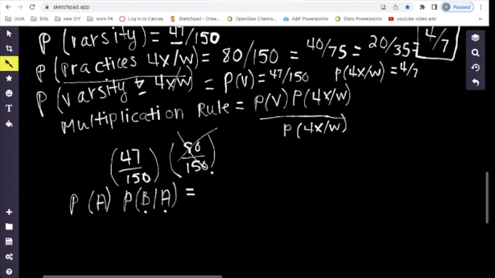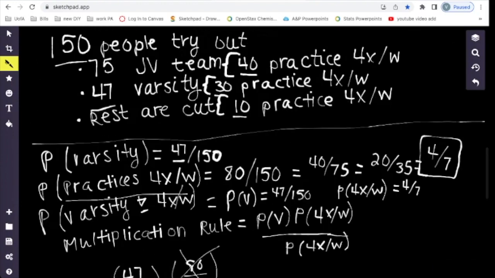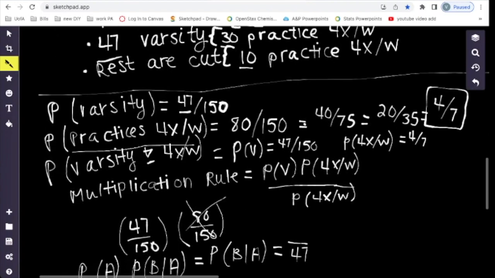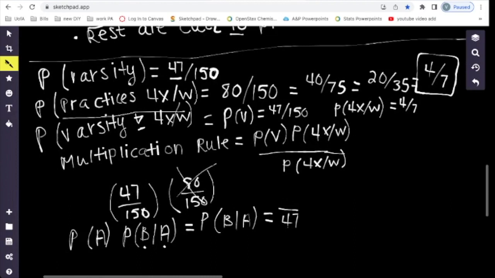So the probability of B, given that A is true, would use our subset, which is 47 people. And we know that 30 of them practice 4 times per week on varsity.